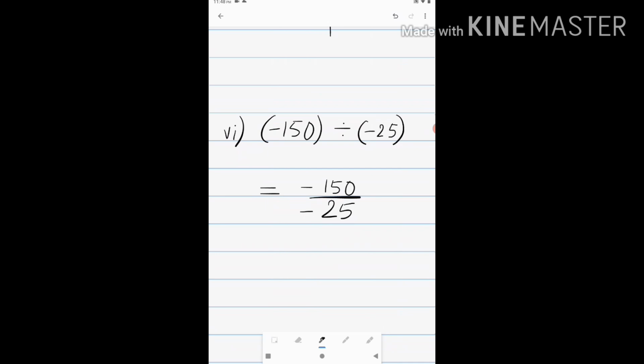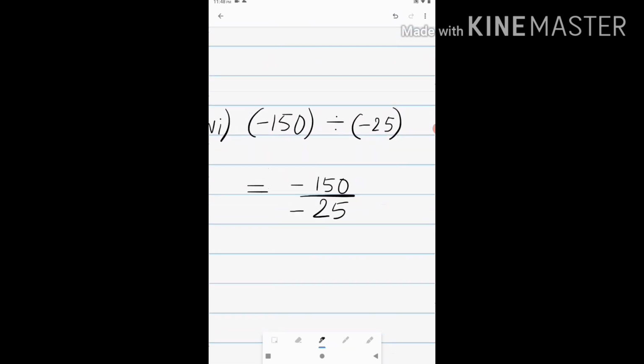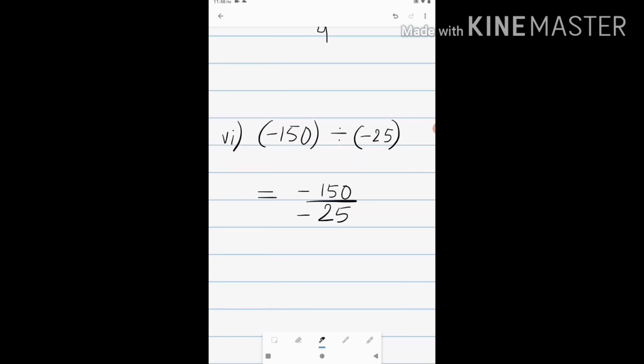The next sum. Now this is an interesting sum. Very easy. So if you can see, the next question is minus 150 divided by minus 25. Okay. So first we'll sort out the numbers. Again, cancellation part. If you can see, again 0 and 5, so both are divisible by 5.